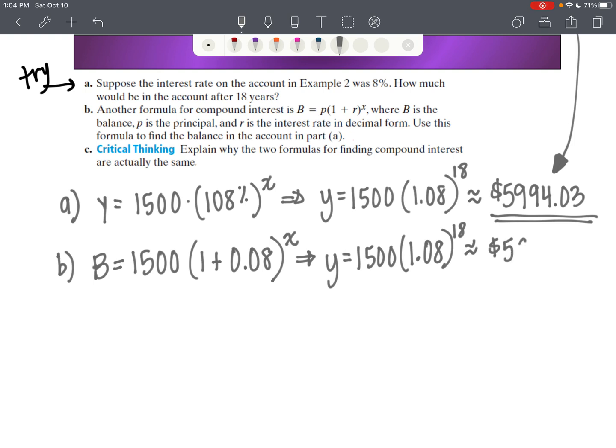So sometimes formulas look a little bit different, but they're not different at all. They're the same. So what makes them the same?